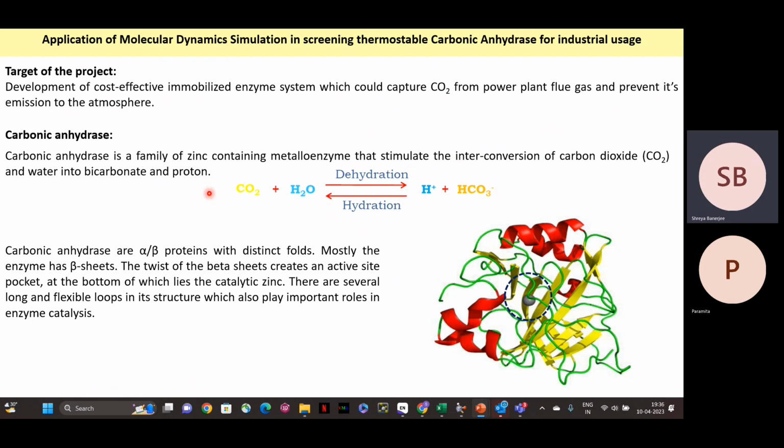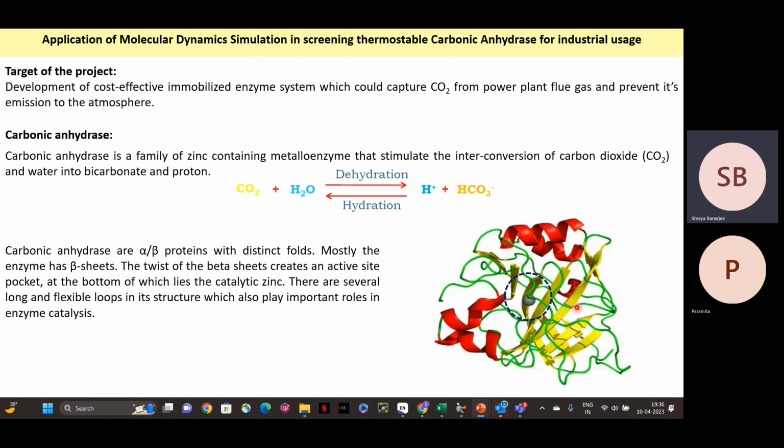So if you take the industrial emission which contains the CO2 and pass it through carbonic anhydrase, then the bicarbonate and proton, which are water soluble, will be removed. So carbon dioxide will be removed in the form of bicarbonate using carbonic anhydrase. That was the proposal.